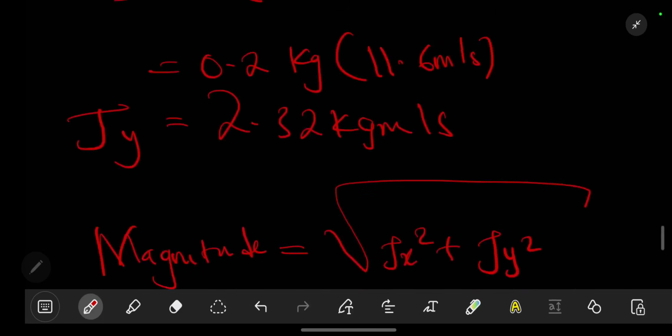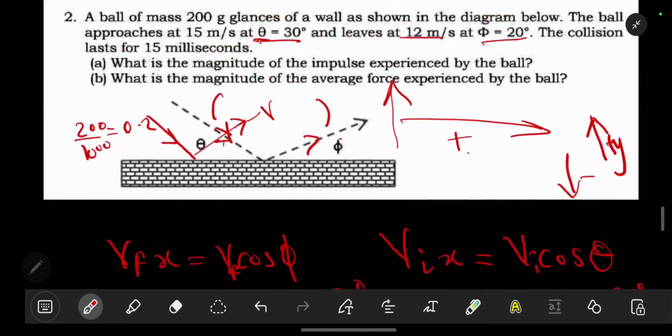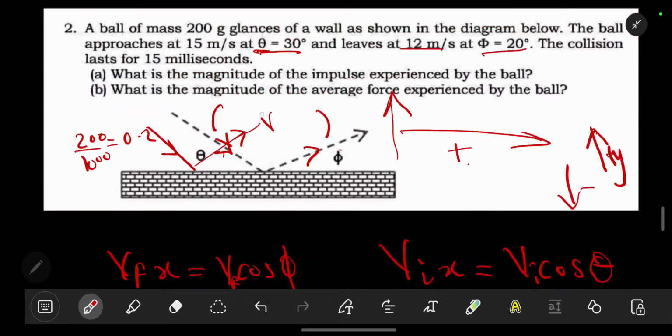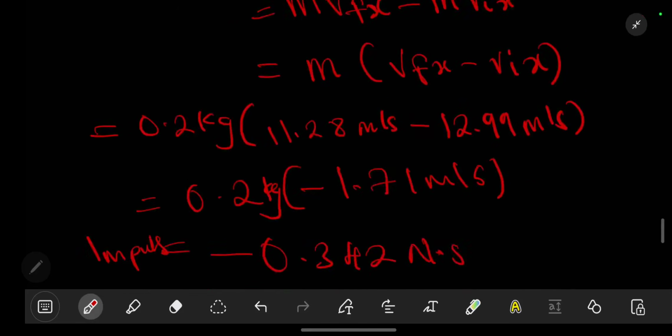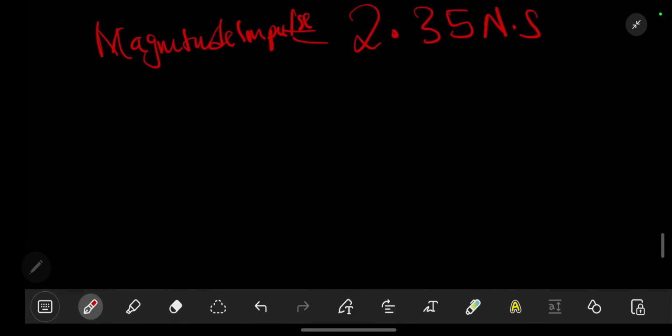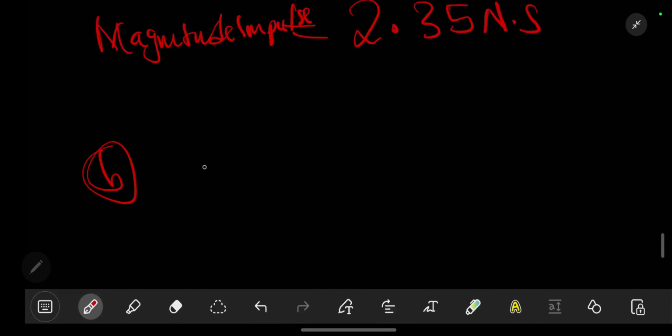Then the last question, which is part B, says what is the magnitude of the average force experienced by the ball. So for this one, impulse should be equal to the force times the change in time.